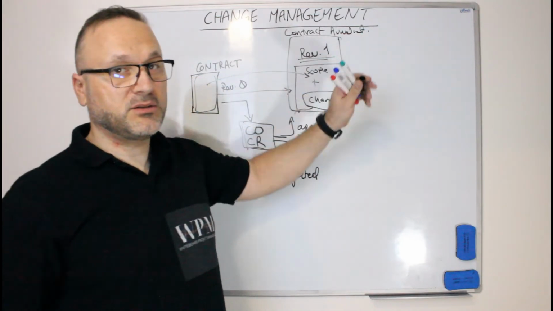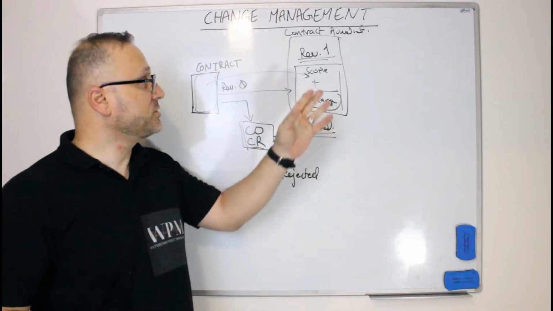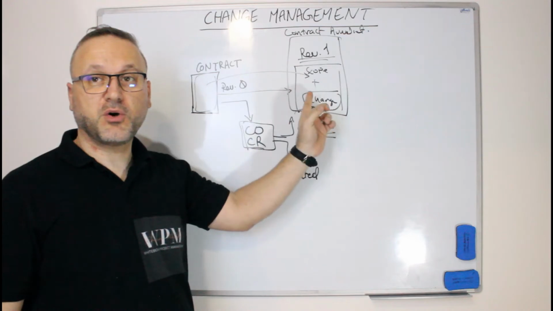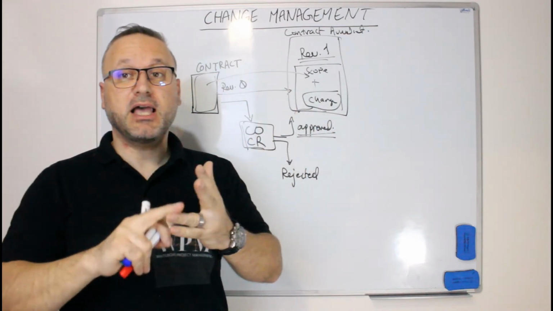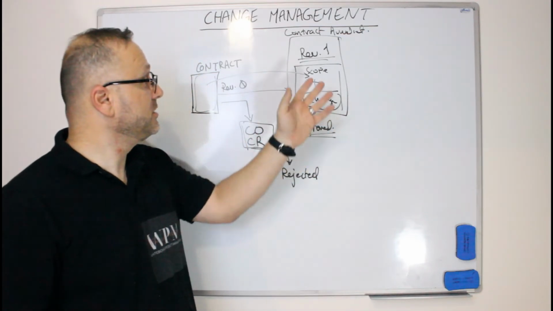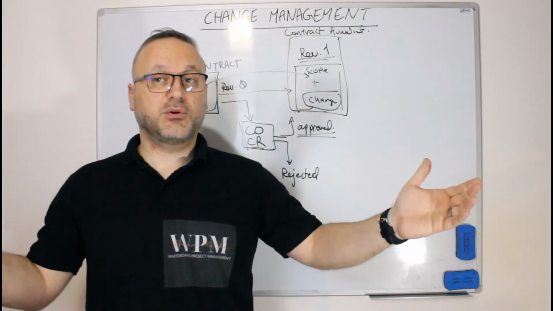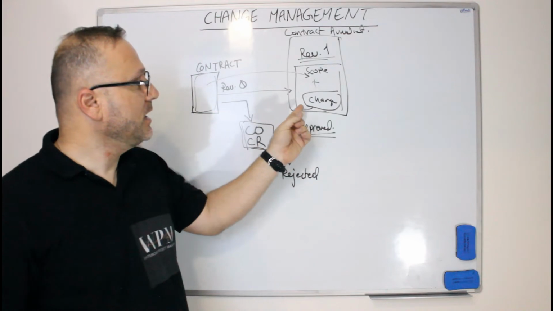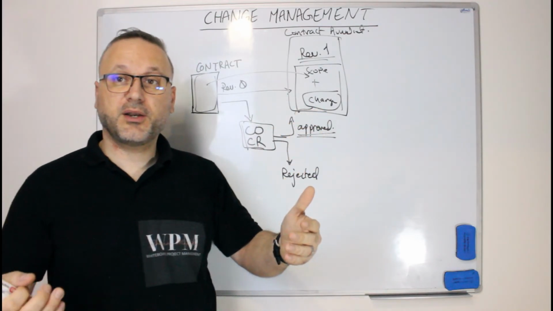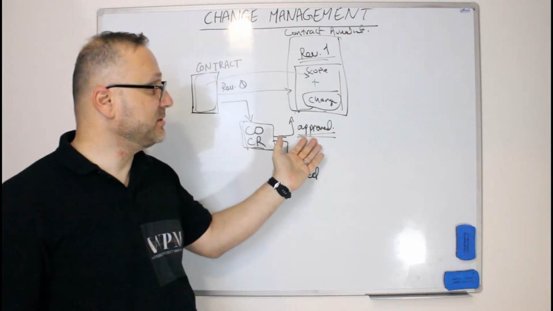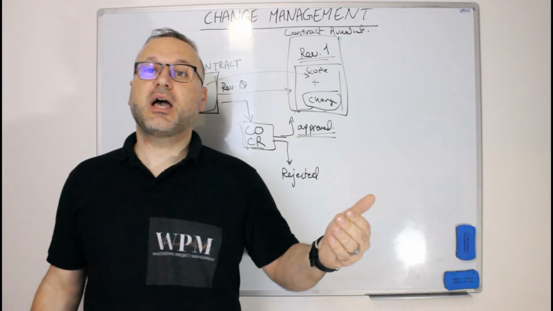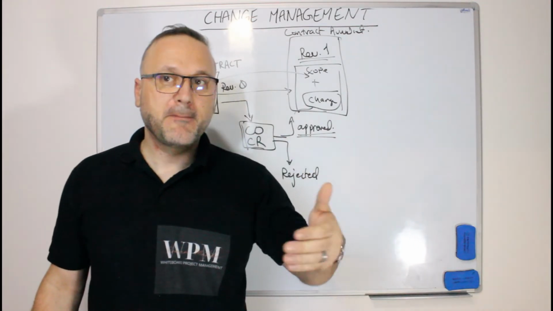The contract amendment could have the new scope, where scope has been deleted, added, or changed. The time, which could be reduced, decreased, or increased. The cost, where you could have new deliverables to the project, and then you have new payment milestones.